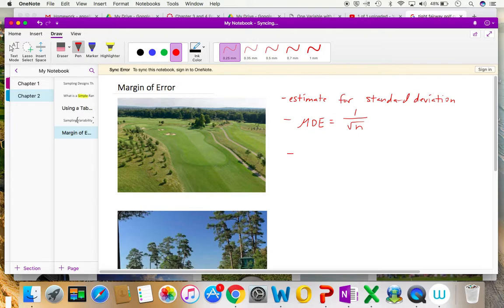Now, what does this mean for us? Once we have this margin of error, we take our sample proportion, which is p hat, and we can add and subtract that margin of error. And it's going to give us a result. Again, this p hat is our sample percentage.